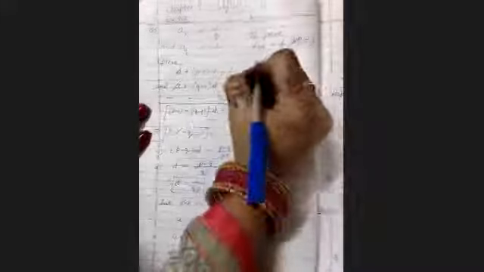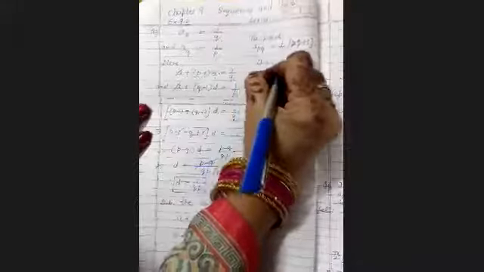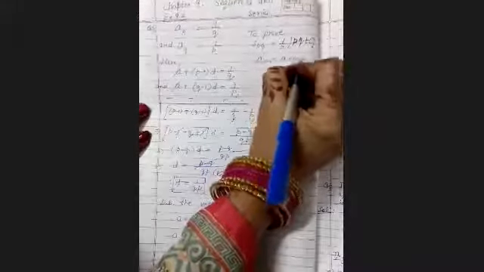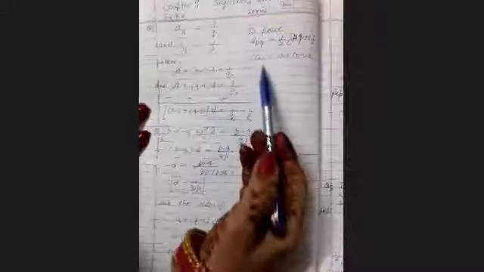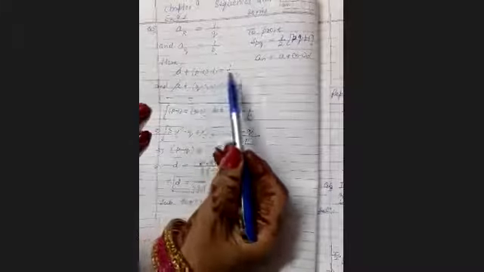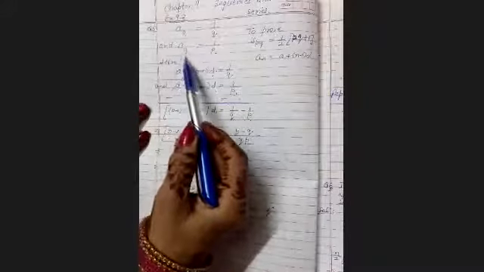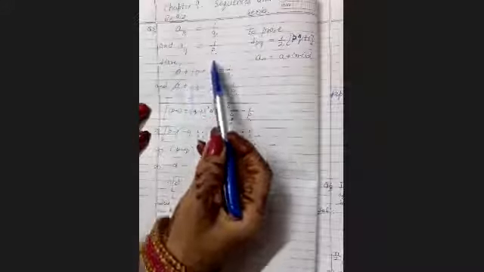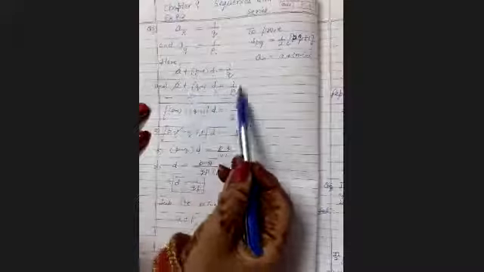Now, we know that an is a plus n minus 1 into d. Therefore, in place of n, if we replace p, we will get a plus p minus 1 into d, which is 1 by q. And similarly, aq is given to you as 1 by p, so a plus q minus 1 into d is 1 by p.